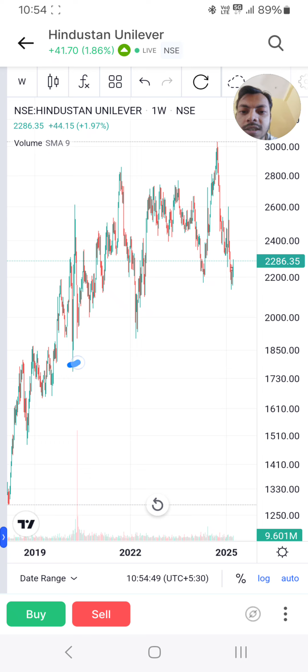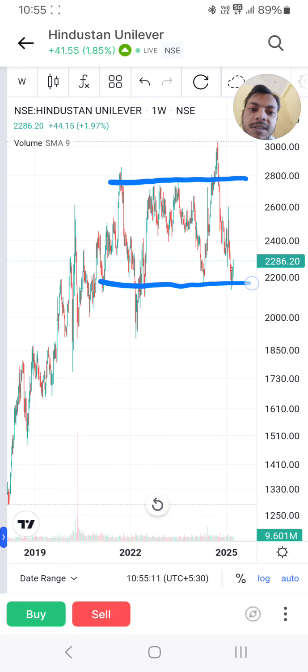Here was the COVID crash somewhere, and from here we can see that it has risen about 60%, from 1700 to 2800, and from there it has been consolidating in a range. It has formed a rectangular structure. After this rally the correction was almost 100%.